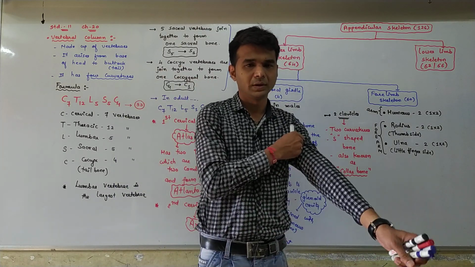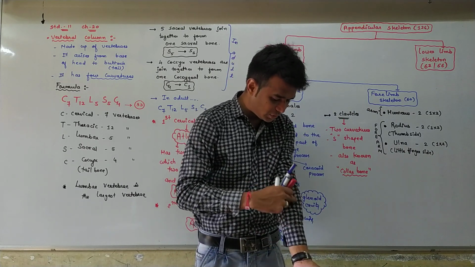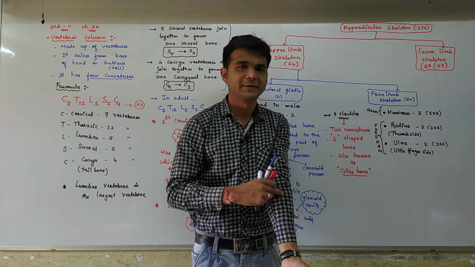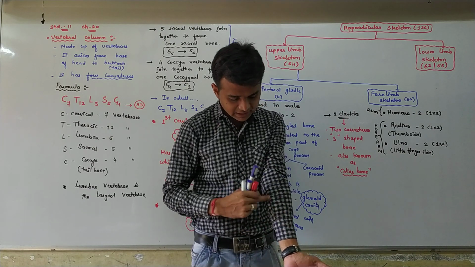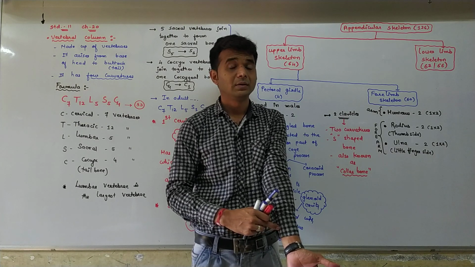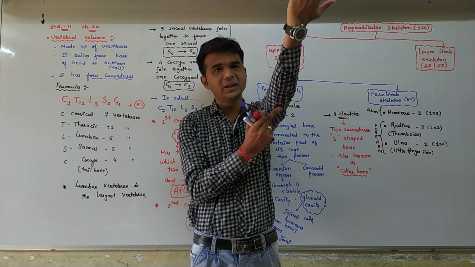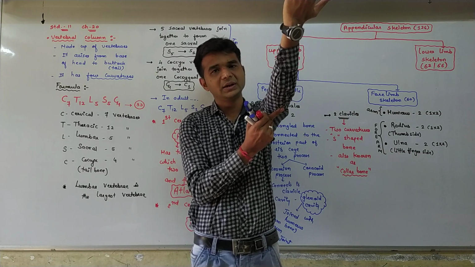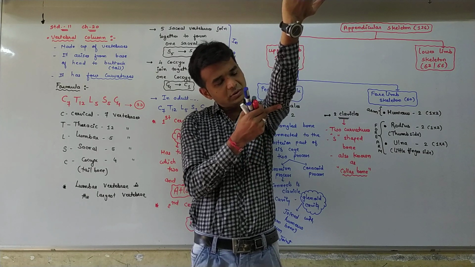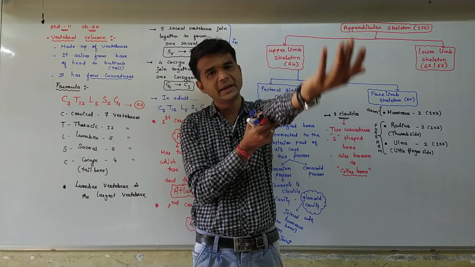On the thumb side, one bone is there known as radius, and on the little finger side, one bone is there, ulna. Actually, at the tip of the ulna, we feel one projection in the elbow joint. So that projection of the ulna fuses with the humerus and forms the elbow joint.